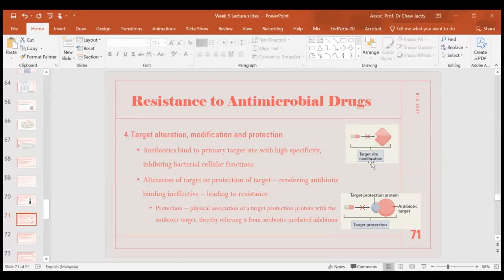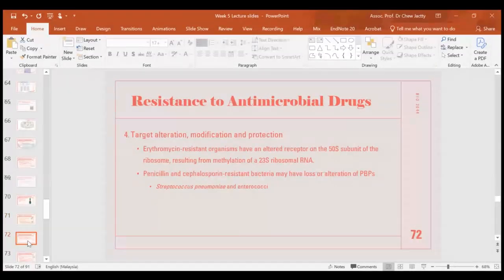So this is how bacteria overcome these antibiotics. For example, erythromycin resistant bacteria have receptors on the 50S subunit of the ribosome. They change the receptors. Erythromycin cannot recognize these receptors, so there's no effect.